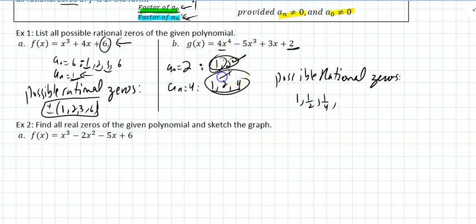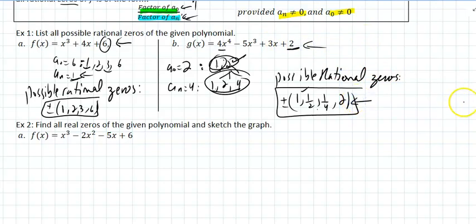And 2 divided by each of those: 2 divided by 1 is 2, 2 divided by 2 is 1, but I already listed that, and 2 divided by 4 is 1/2, I already listed that. So plus or minus, there they are. If this is to factor, then one of the rational factors, if it has any, would be one of those.